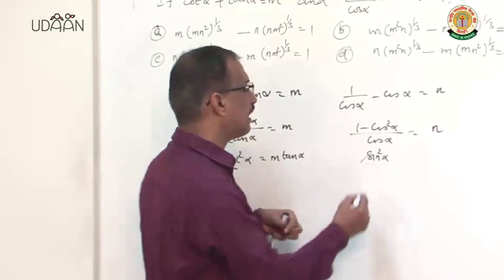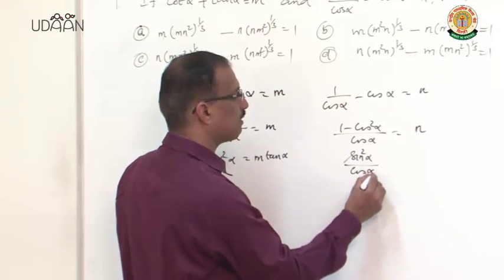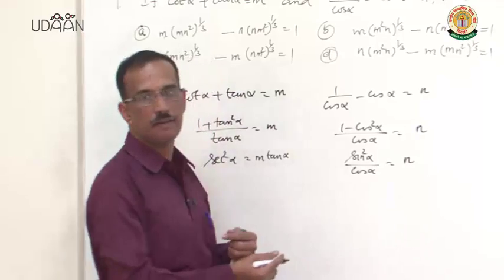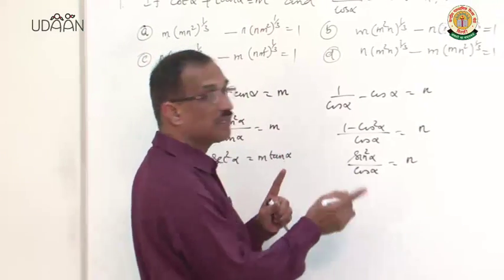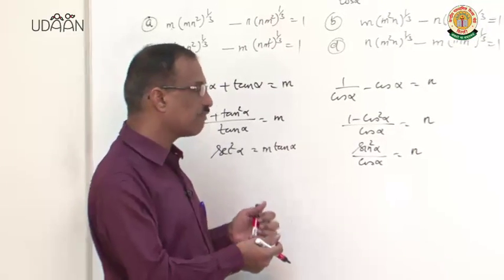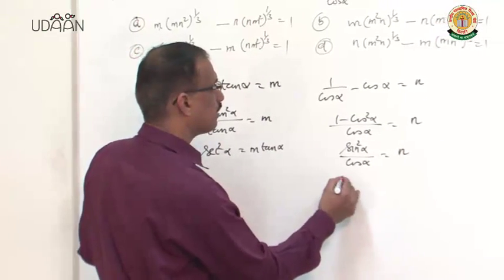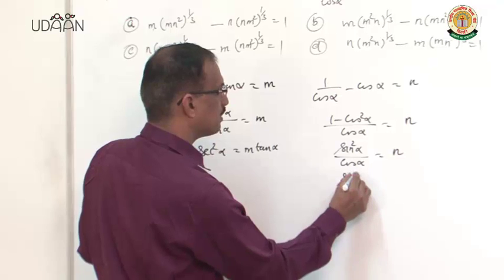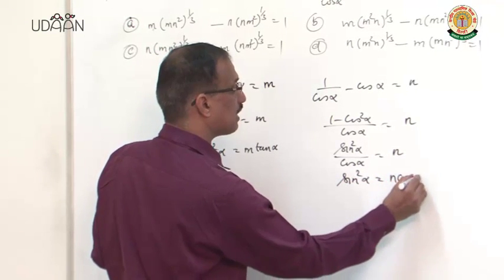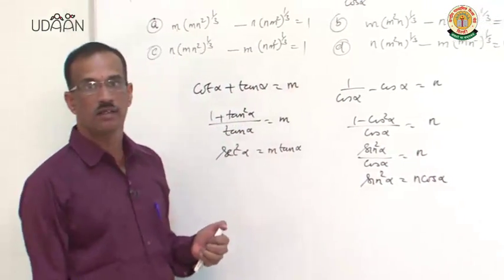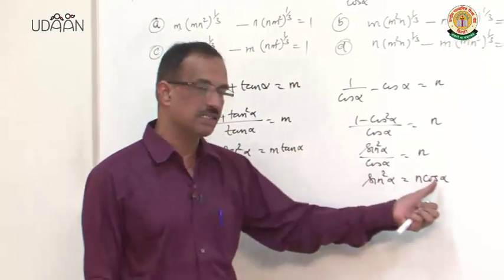So, sin squared alpha upon cos alpha equal to n. Now, we can multiply and divide, so we can bring that into our tan formula. From this, you can multiply. So, sin squared alpha equal to n cos alpha.